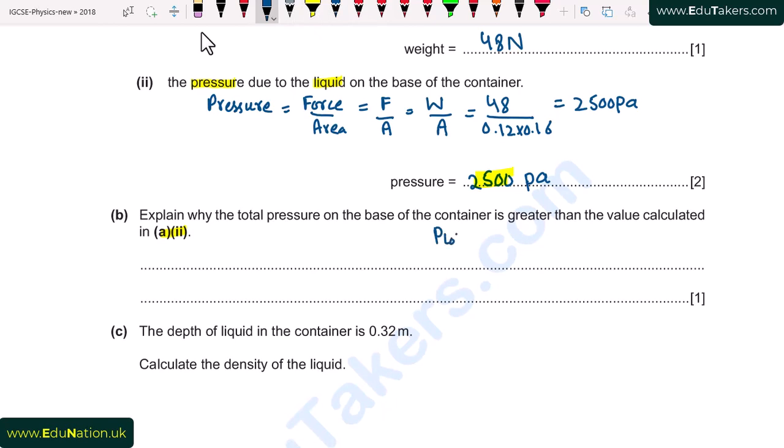I write here total pressure is equal to atmospheric pressure plus liquid pressure. So in part A we just considered the pressure due to the liquid, but the total pressure will always be greater, because total pressure contains the pressure due to the liquid and atmospheric pressure. So I just write here because there is also the atmospheric pressure.